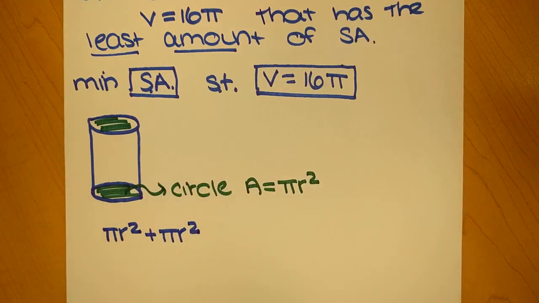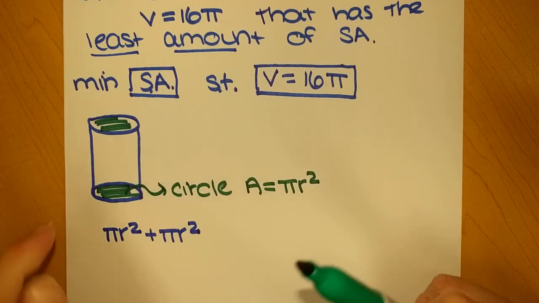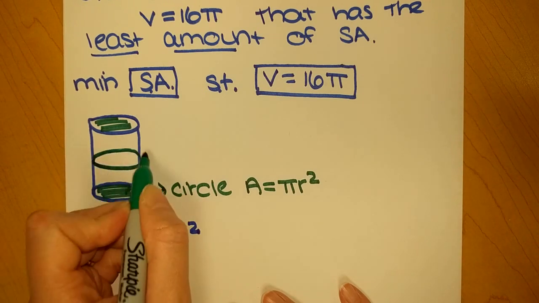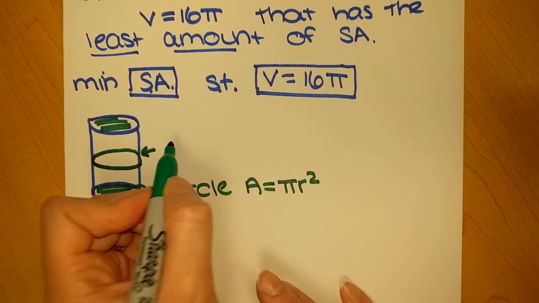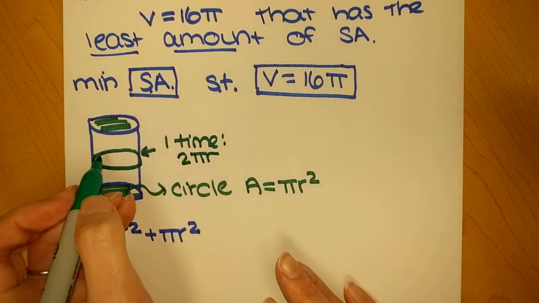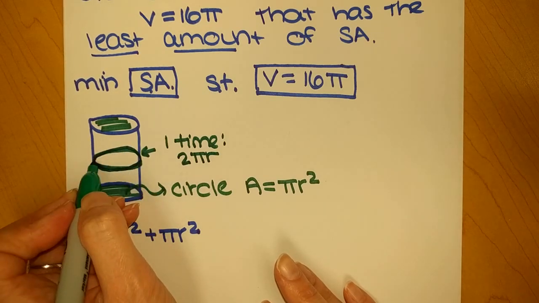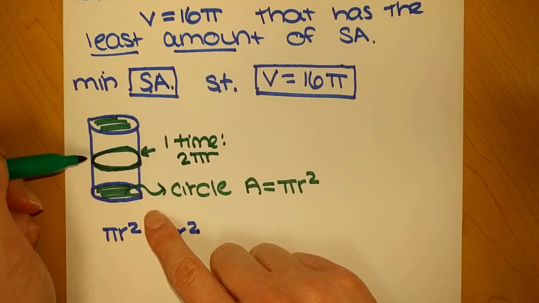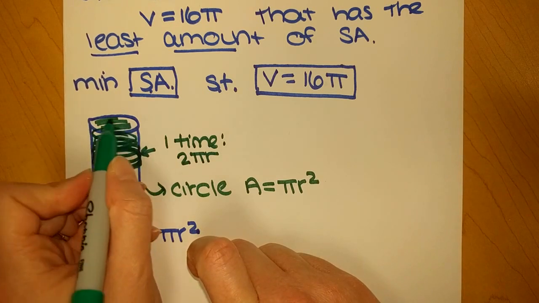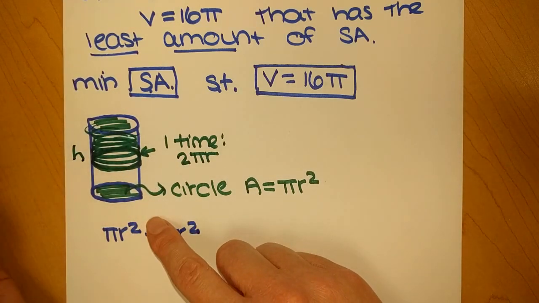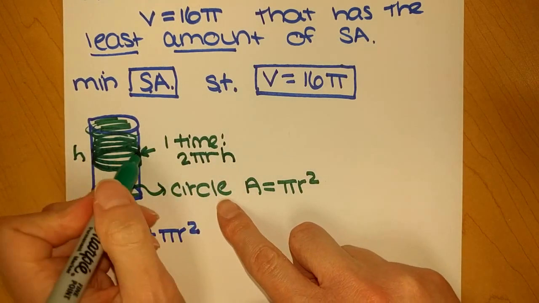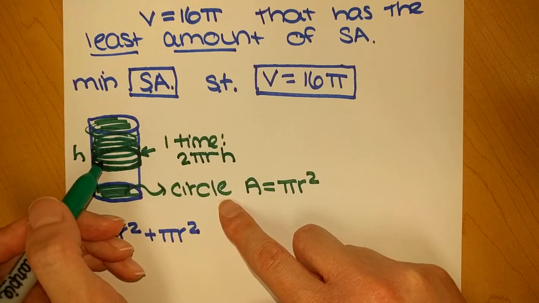Now, if you think about going around the cylinder and covering all of the outer edge, if I go around just one time, I will trace out a circle. So just one time around the cylinder, I will have 2 pi r, because I'm tracing the circumference of a circle. But I don't just have one little circle. I would have to go around another time, and another time, until I have h times, because going from the start to the top, I would have h times that circle with a circumference of 2 pi r.